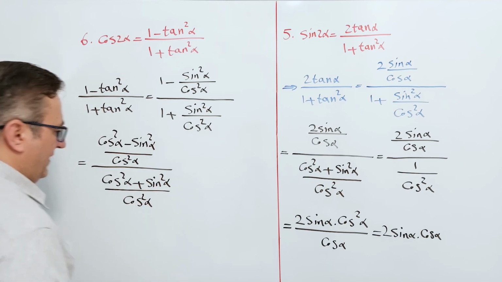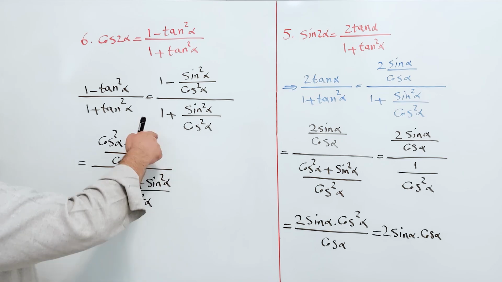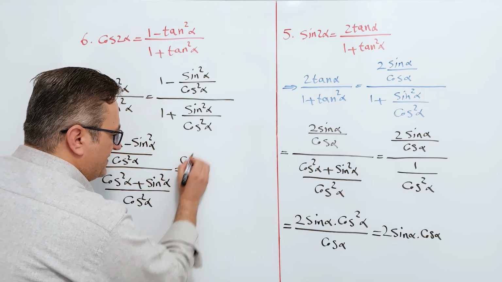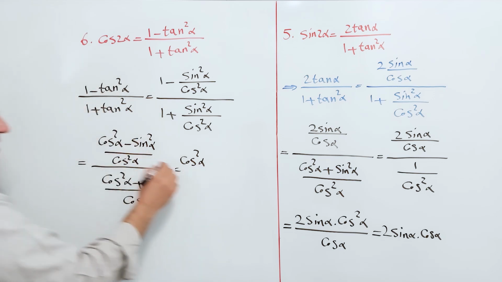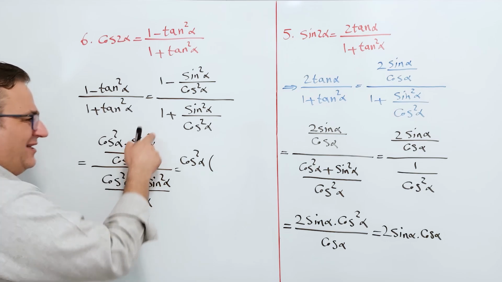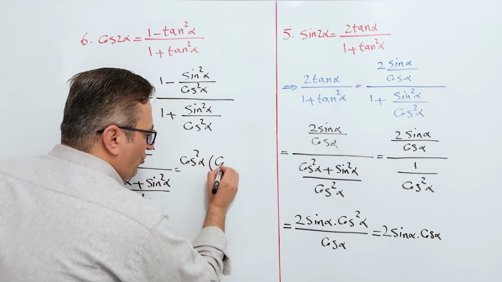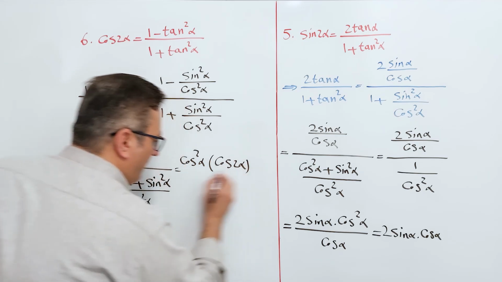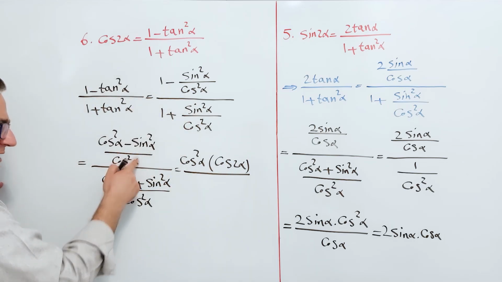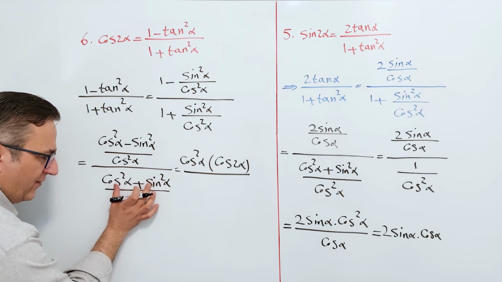And if we multiply far by far and near by near, we have cosine squared alpha times cosine squared alpha minus sine squared alpha, which is cosine 2 alpha, divided by cosine squared alpha times 1.